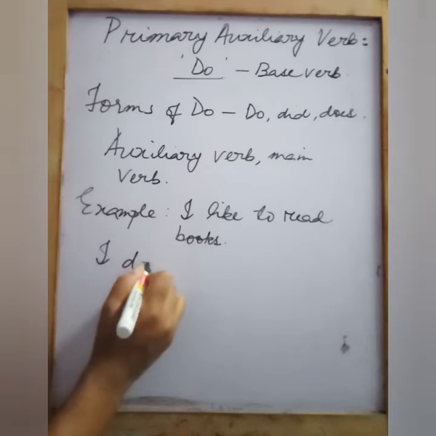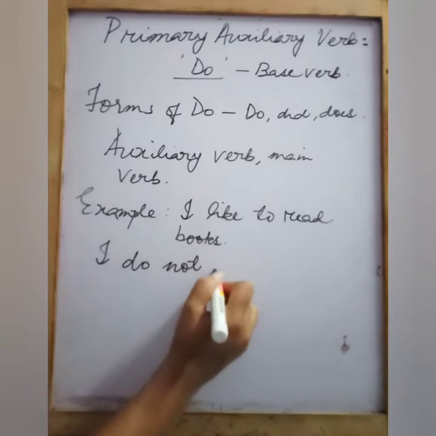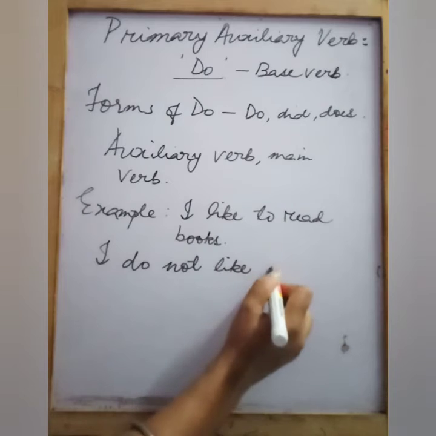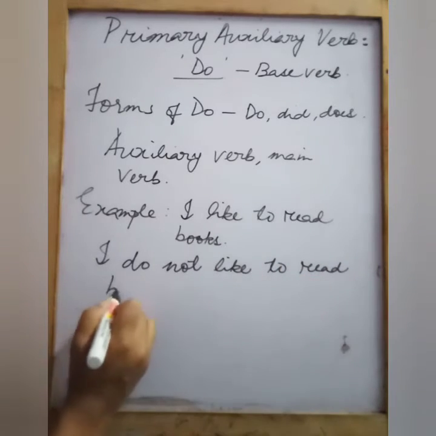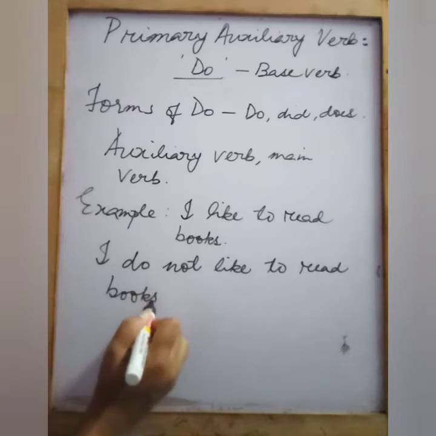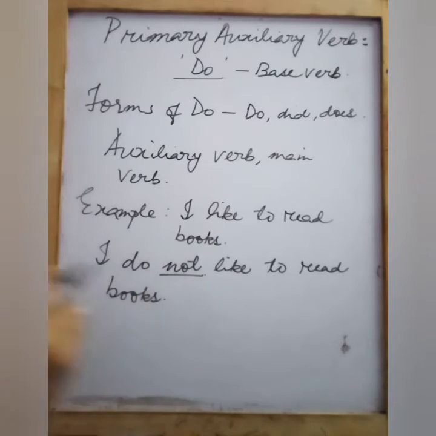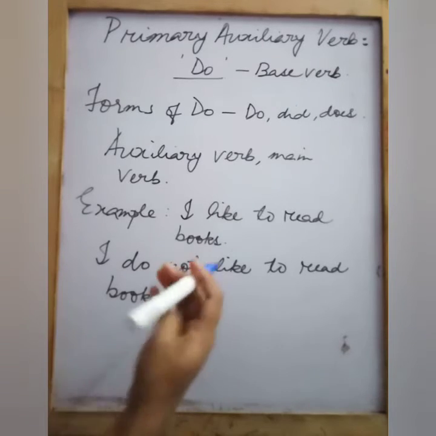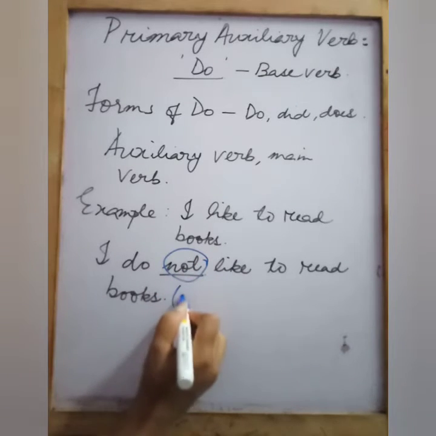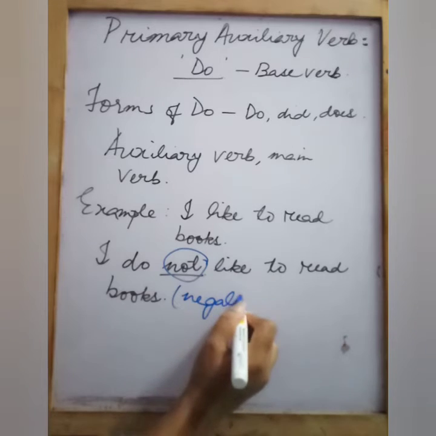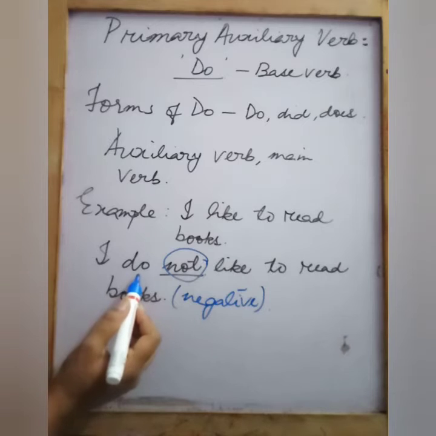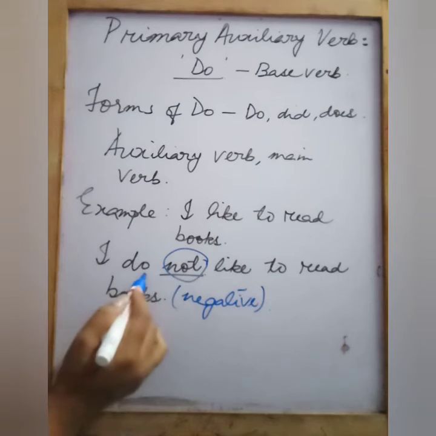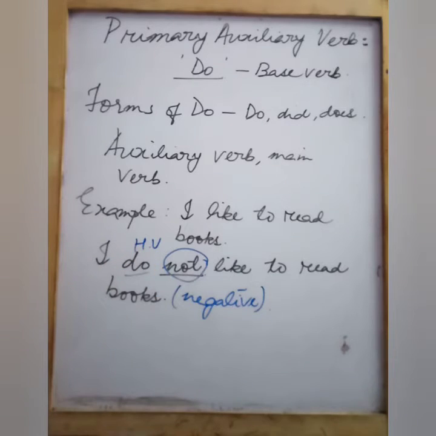I do not like to read books. See, this word not makes this sentence a negative sentence. When I say I do not like to read books, here do is used as an auxiliary verb. Why? Because here the main verb is read, so do is a helping verb or an auxiliary verb.